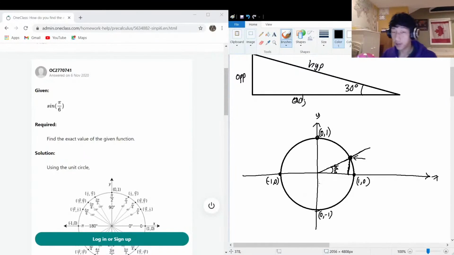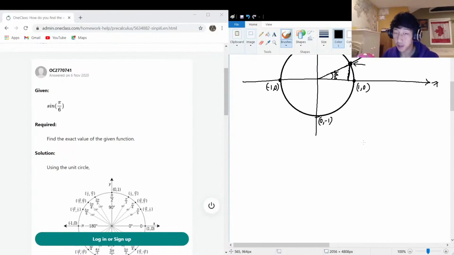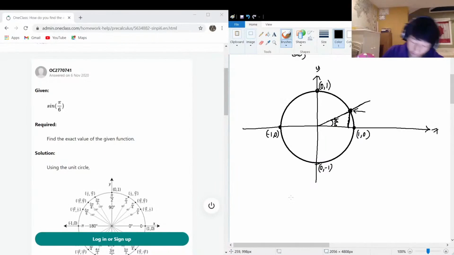So if we know that the angle is pi over 6, and this is a unit circle, that means the radius of the unit circle is always 1. Always 1. And that means that the length of the hypotenuse is always equal to 1.